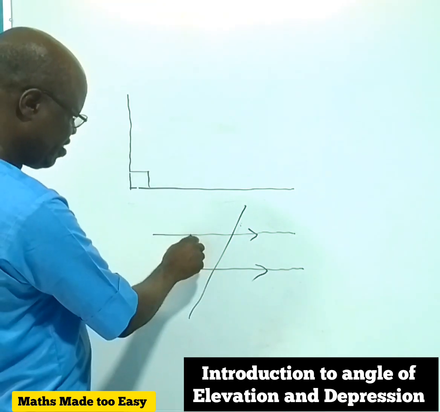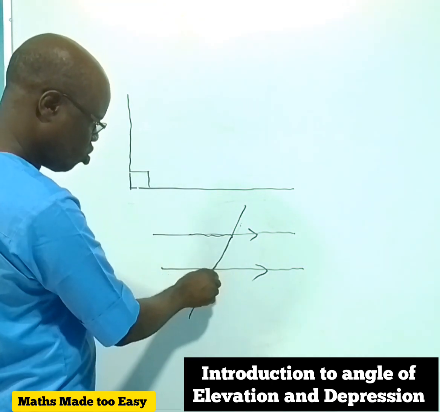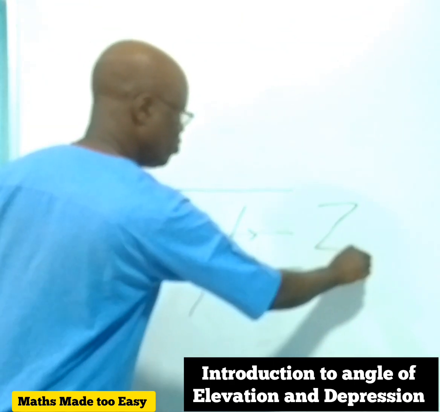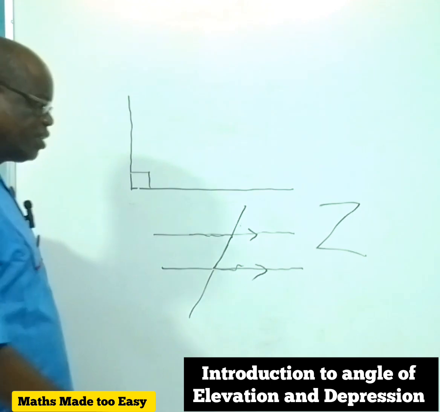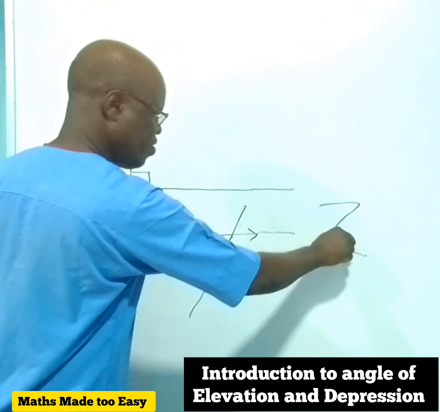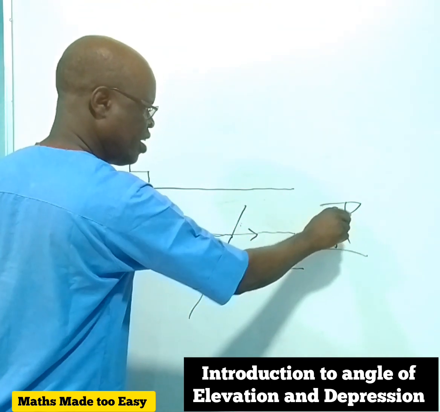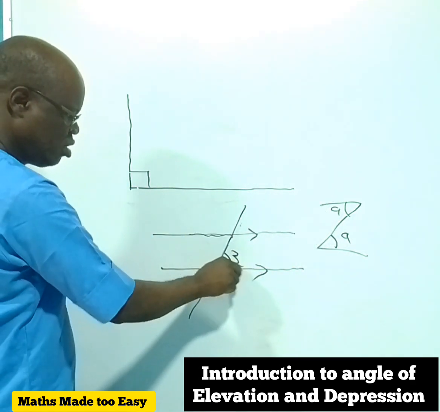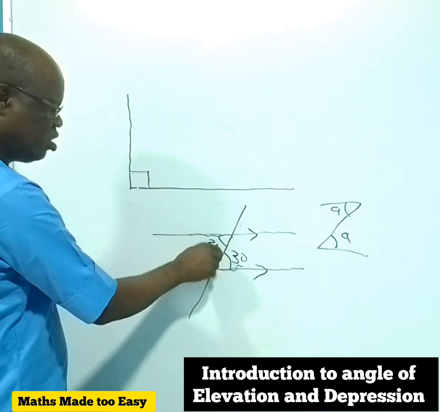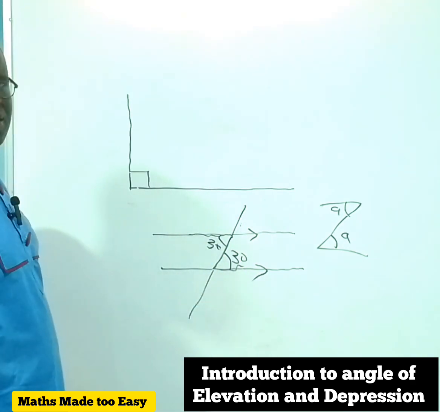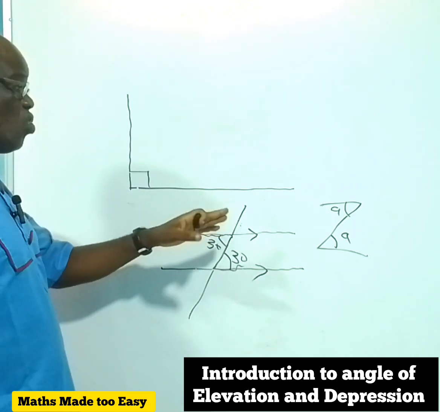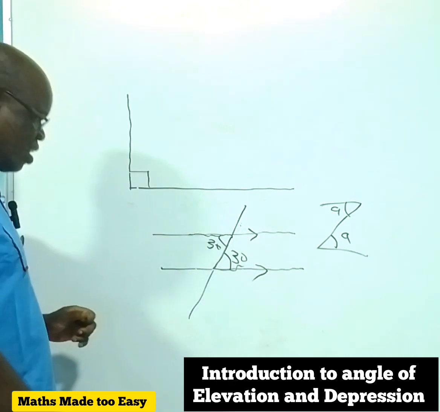Now this has formed what you call Z angle, such a way that the angle here, if it is A, the angle here also will be A. If this is 30, this will be 30, because they are alternate to one another. So this is what we call alternate angle or Z angle. So we should note that one.